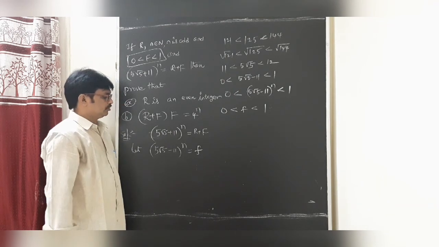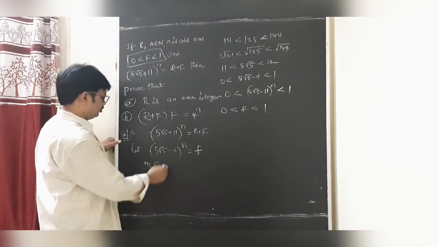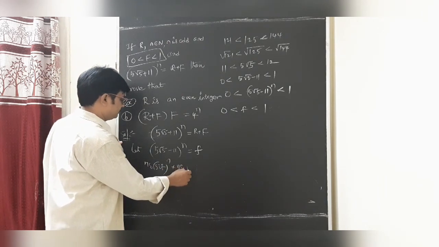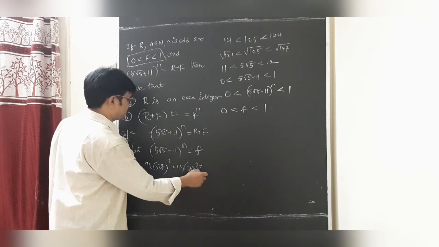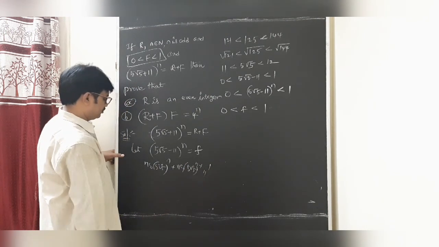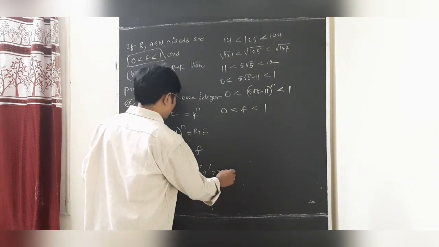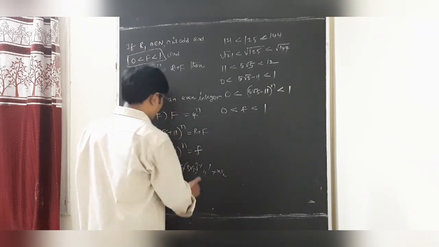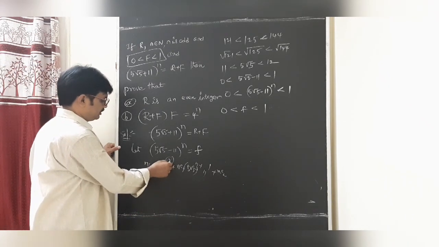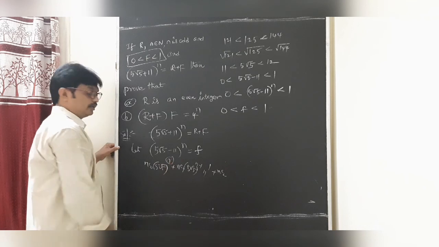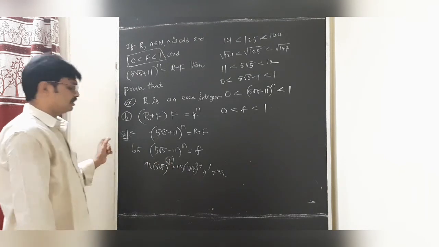So when we take nC0, (5√5)^n, after that nC1, (5√5)^(n−1) into 11^1, then nC2, and so on. When n is even, the root will be cancelled, the square root must be cancelled. So when n is odd, undoubtedly that is not cancelled.